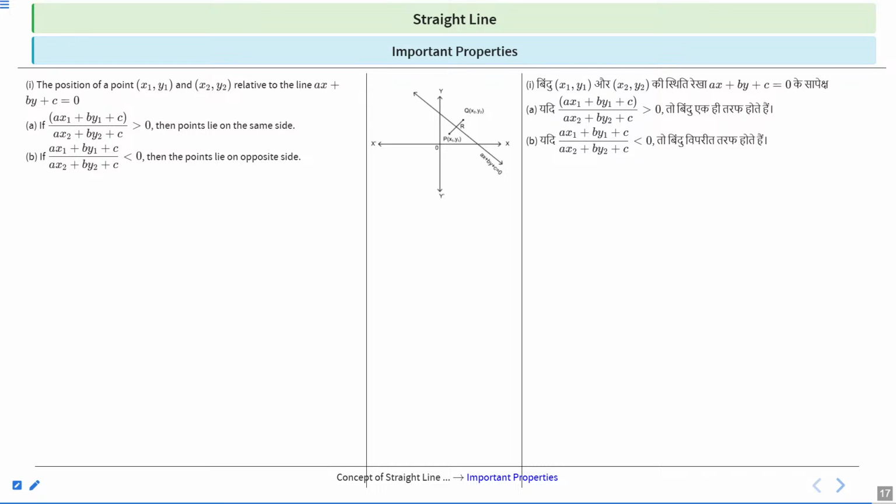So if (ax1 plus by1 plus c) upon (ax2 plus by2 plus c) is greater than 0, then the points lie on the same side of the line, right? Clear? And if it is less than 0, then the points will lie on the opposite side, right? You have to remember these two conditions. Got it?